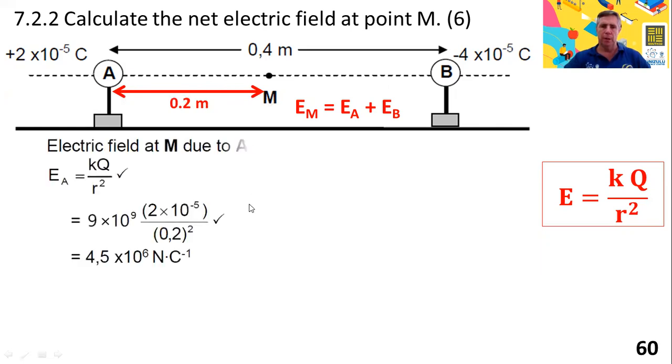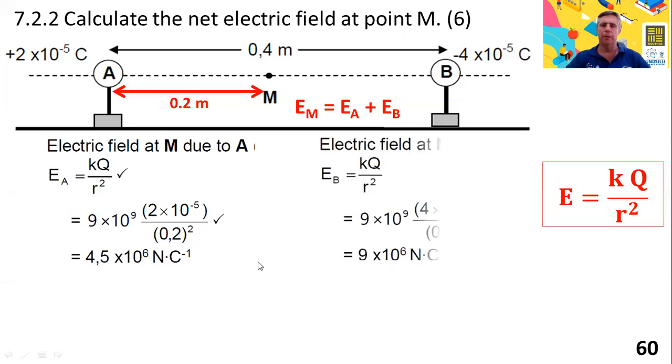So the electric field at M due to A is simply calculated. k, the constant, is the same. That charge, 2 times 10 to the minus 5, is charge A, and 0.2 is the distance. We'll get 4.5 times 10 to the 6 newtons per coulomb. Due to B, same story, we just now plug in 4 times 10 to the minus 5. Notice we don't worry about the minus sign because we know that both electric fields are to the right.